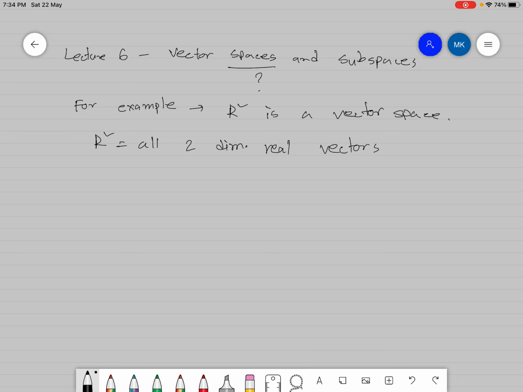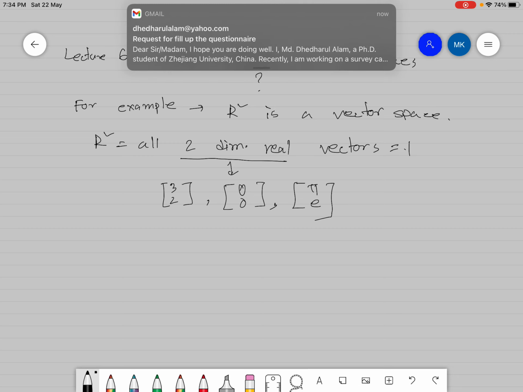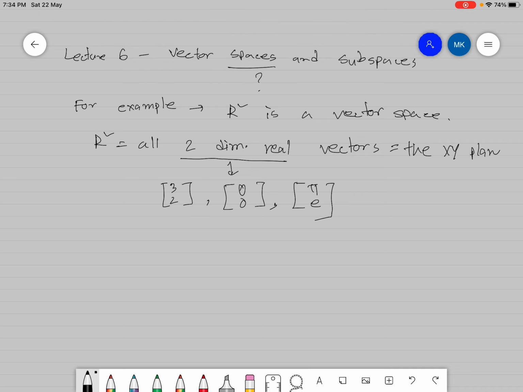What are the examples of two-dimensional real vectors? Such as, let's say, (3, 2), (0, 0), (pi, e), etc. This R2, as you can guess, is basically the x y plane.